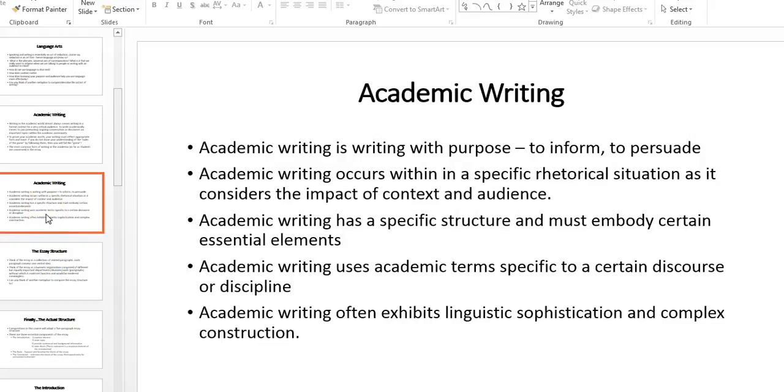Academic writing also often exhibits linguistic sophistication and complex construction of language, or construction of thoughts in language. What this means pretty much in a nutshell is that academic writing uses the highest level of language. Okay, your academic writing should be an example of the best use of language that you are capable of at this point, or that you are capable of producing, period, right?